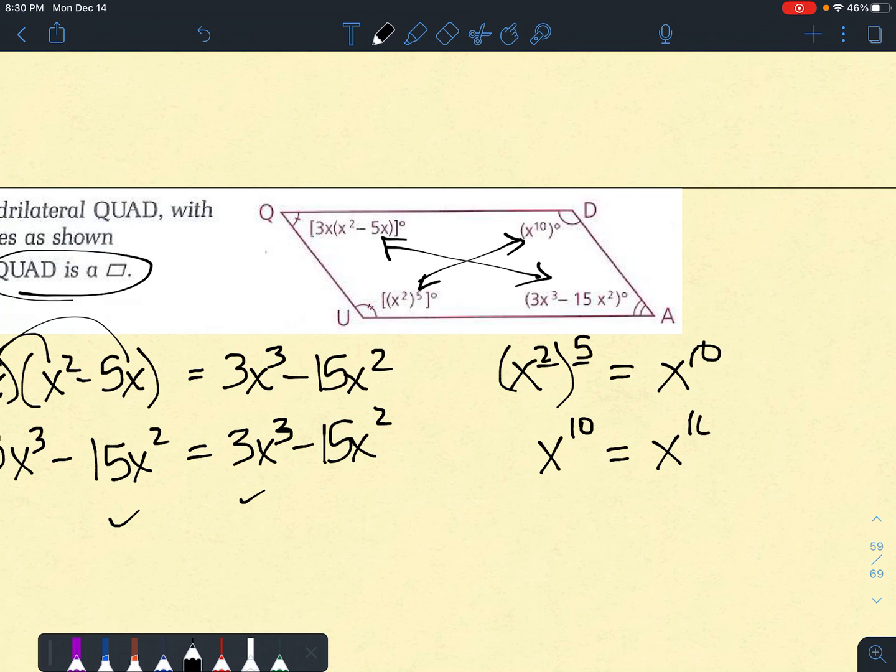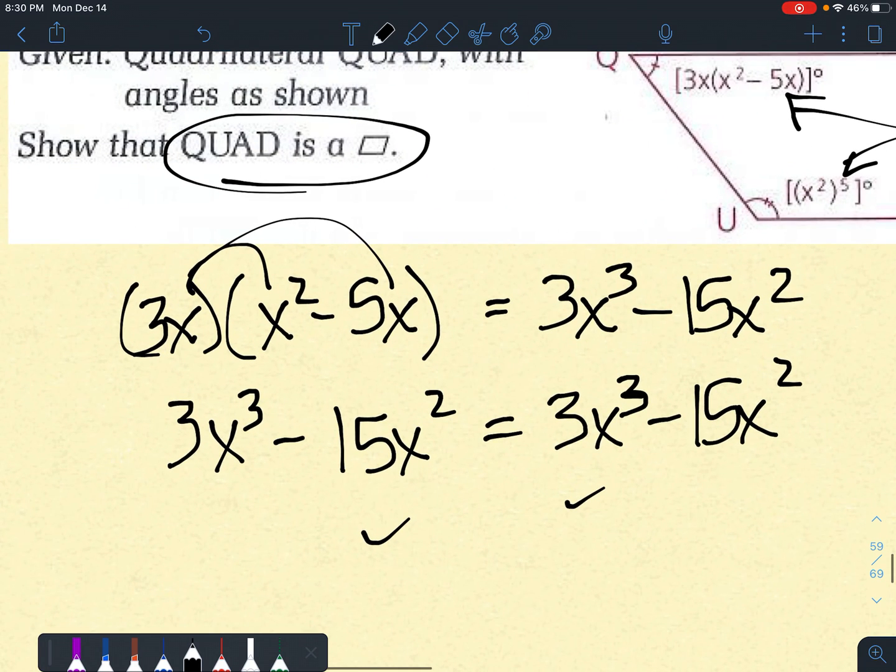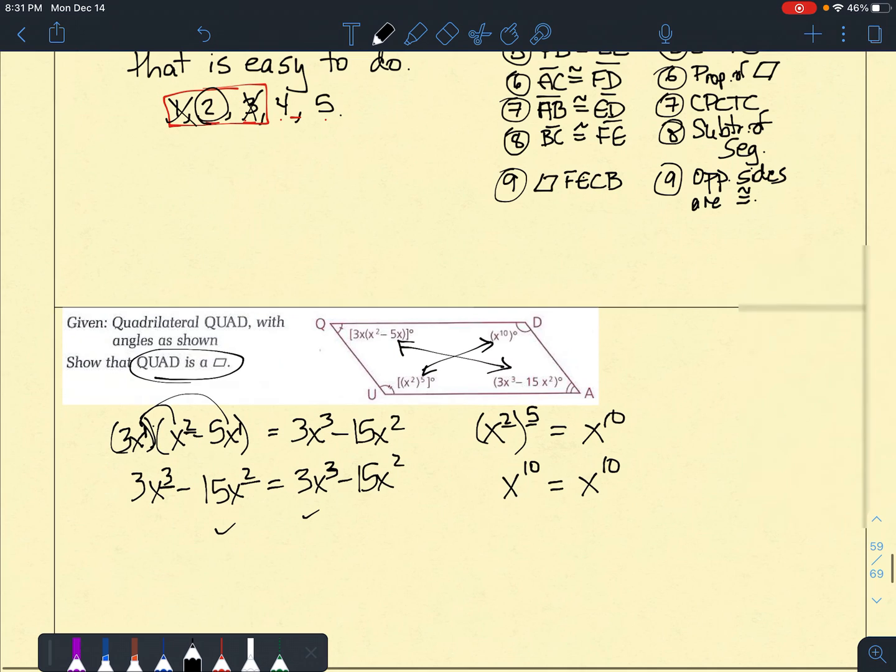Don't know if you covered that last year in algebra class. But a power of a power you multiply. Whereas over here, when we take x to the first times x squared, we get x cubed. We add those powers. X to the first times x to the first gives me x to the second. So reviewing some ideas there, which might not be reviewing for you, it might be new.